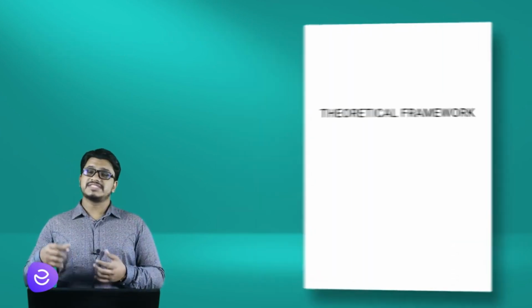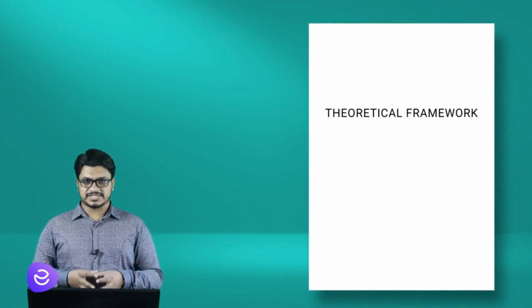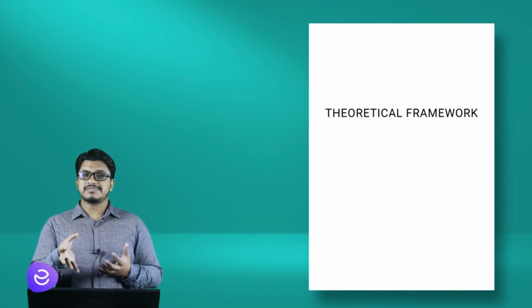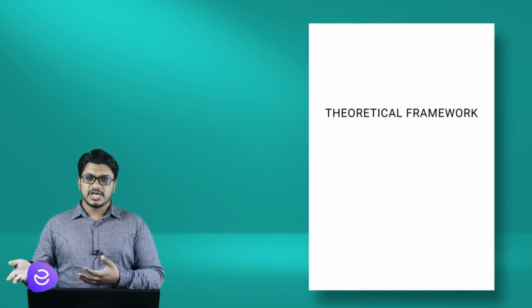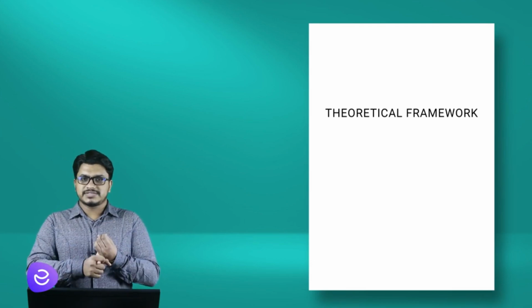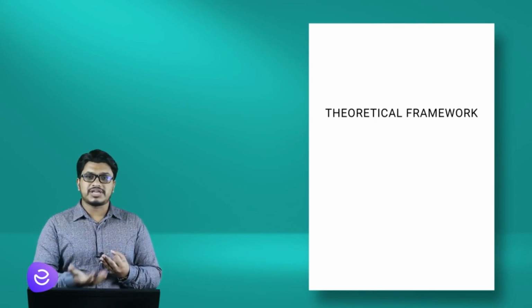The next chapter is theoretical framework, where we talk about the theory of the research or theory of the subject. For example, if your research is about the customer satisfaction of the brand Adidas, in this chapter you'll have to write about what a brand is. Then you'll have to write about the brand Adidas, and then about customer satisfaction.